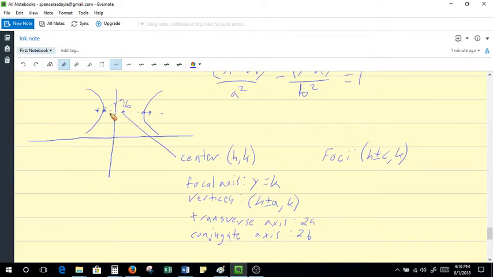So this distance to the vertices was a, the distance up is b, and this distance is going to be c. So the distance in a hyperbola from the center to the foci is the same as from the major vertices to what would have been our minor vertices, if you want to call it that.